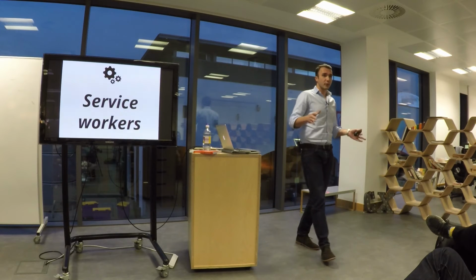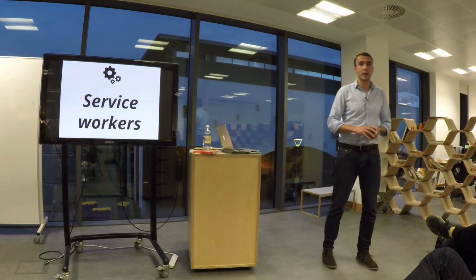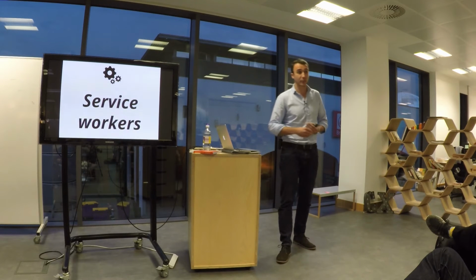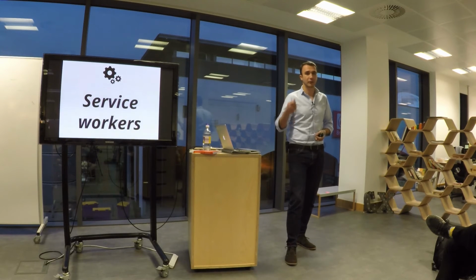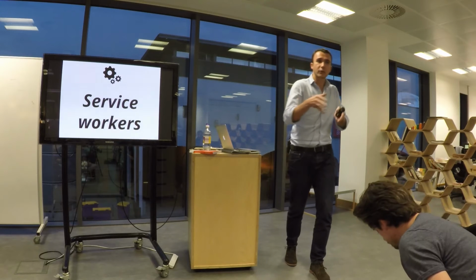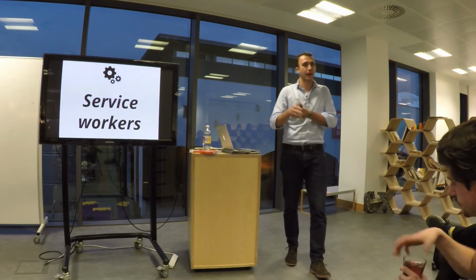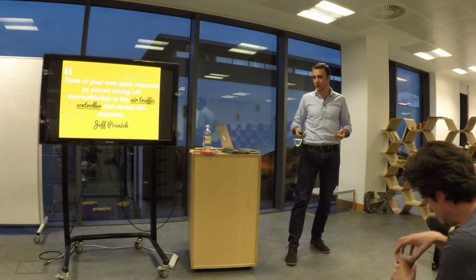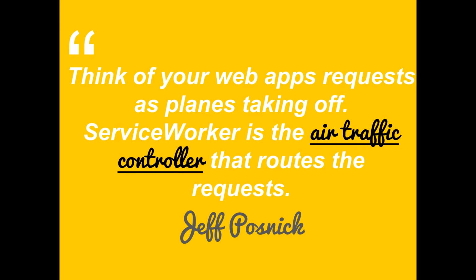Now, you may have heard this term floating around on the web, service workers. They're really the key to unlocking all the power in a progressive web app. All they are is just a simple JavaScript file, and it runs on another thread in the background. And the best thing about it is it's been described as an air traffic controller. So again, I'm throwing loads of quotes at you tonight, but think of your web app requests as planes taking off.